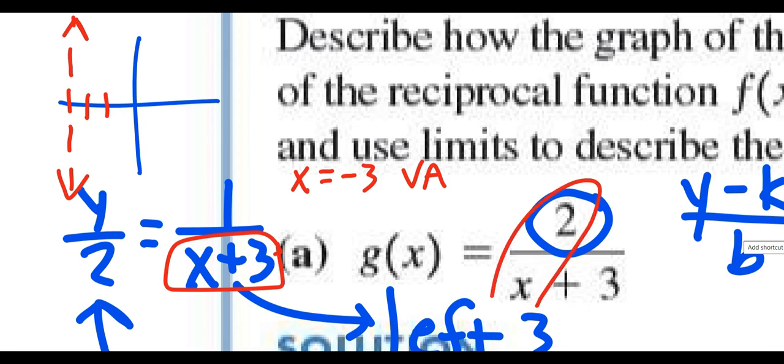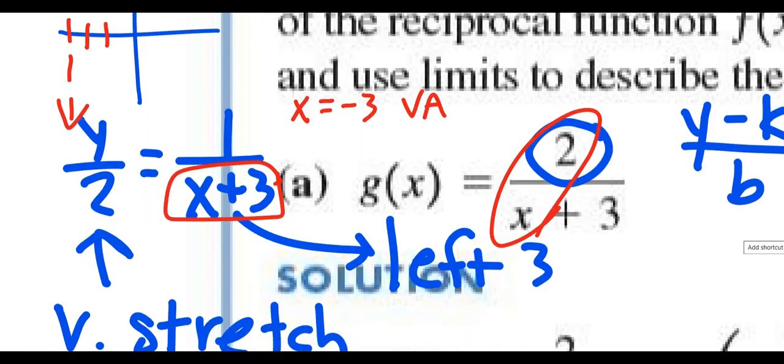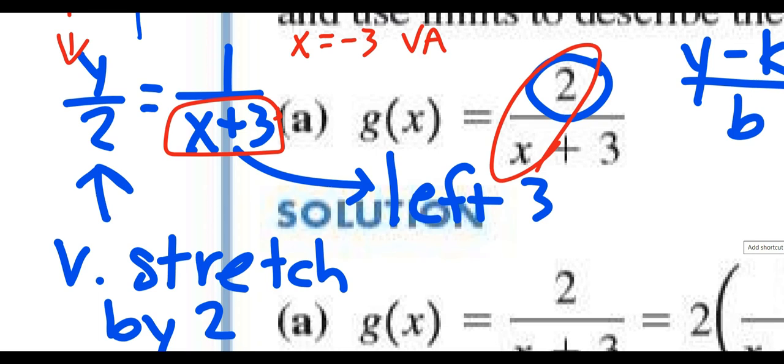Okay, well, what about the horizontal asymptote? Largest power of x in the top, largest power of x in the bottom. The limit as x goes to infinity of 2 over x. What happens as x gets larger and larger and larger? What is 2 divided by a really big number?